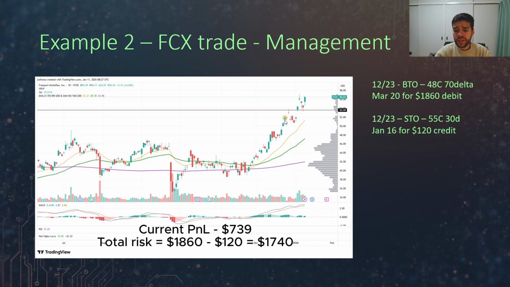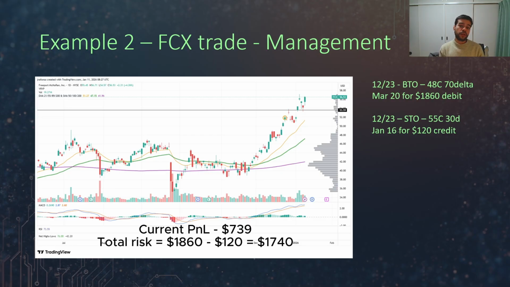You can see here that the price went a little bit up and down, but then rallied definitively, so this trade is in a good position. A caveat is that my short strike has been breached, with FCX trading at about $56. It's trading above my short strike of 55. So I have two options here.